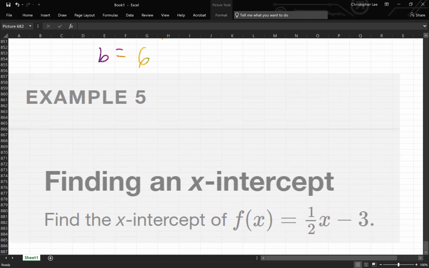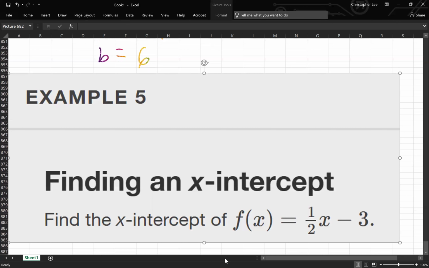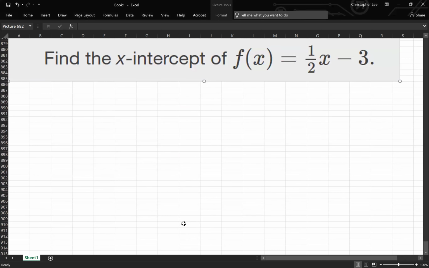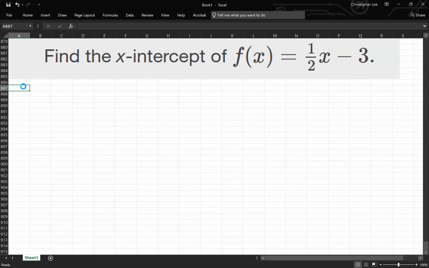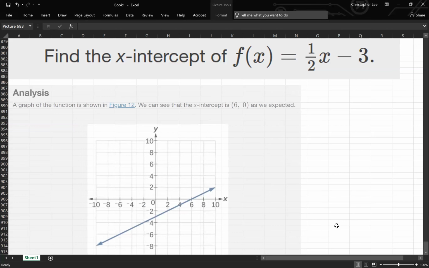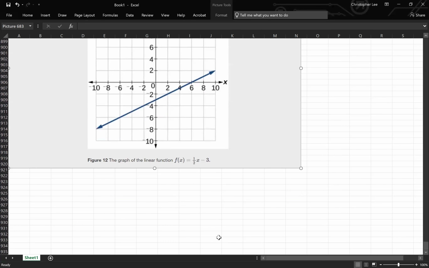You guys want to try? Oh, it's the same one? My fault. I want to make a special note real quick. So 6, 0, this is how it looks.